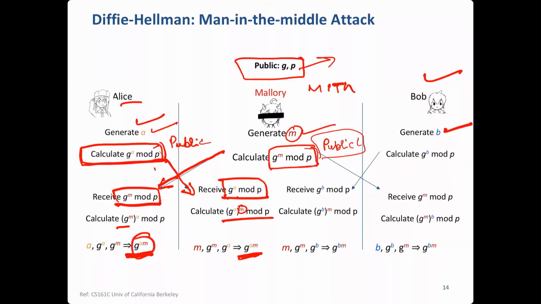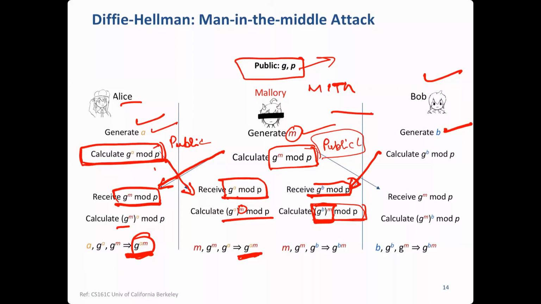Now Alice doesn't know that she is communicating with Mallory. Similarly, on the other side, Bob sends his public key, G raised to the power B mod P, and from that Mallory computes the shared secret key, which is G raised to the power MB between Mallory and Bob.